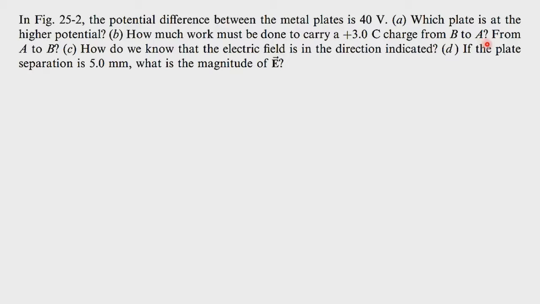So there is a question between either B to A or A to B, because you see that in the question for letter A there is a confusion first as to which plate is having the higher potential, meaning where will the charge of 3.0 coulomb be directed to, either from B to A or A to B. Now, as we will be answering that later, let us see how do we know that the electric field, which also has a direction indicated, is correct.